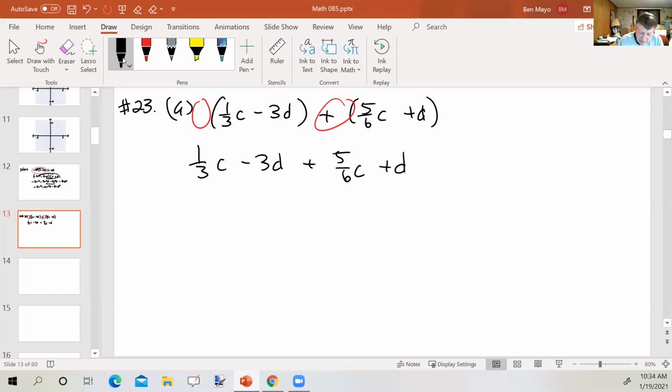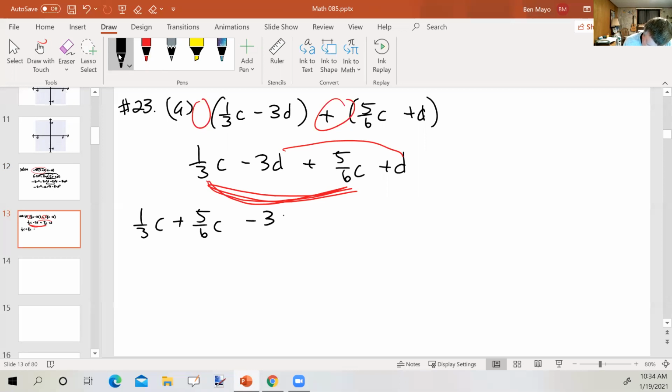Well, to combine like terms, these are like terms and those are like terms. But to combine these, we need a common denominator. So if we've got 1/3 c plus 5/6 c minus 3d plus d, the common denominator of 3 and 6 would be 6.